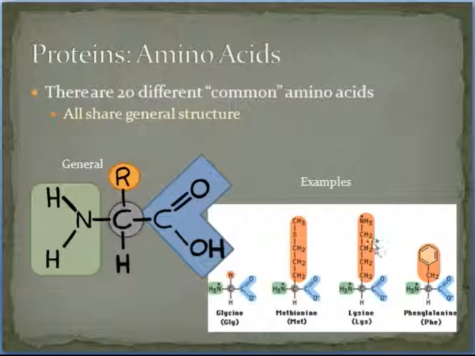For lysine, we have something different. For phenylalanine, we have something different. But in this R position, you can have a lot of different stuff, and that different stuff is what makes the amino acids different. They have the rest of this green, gray, blue in common. The R is what's different between them and what makes them special.